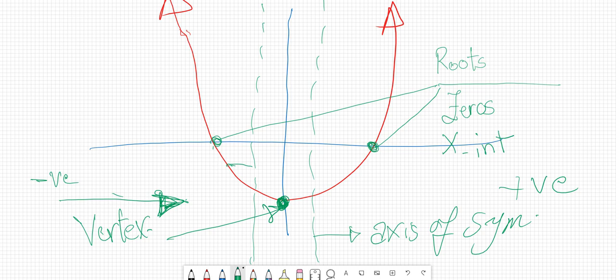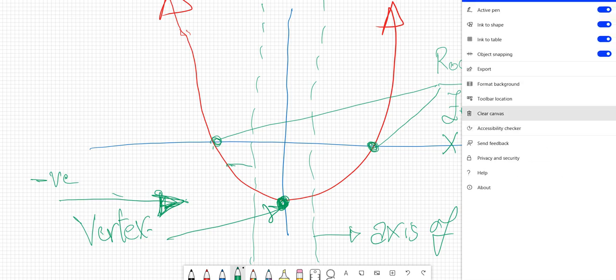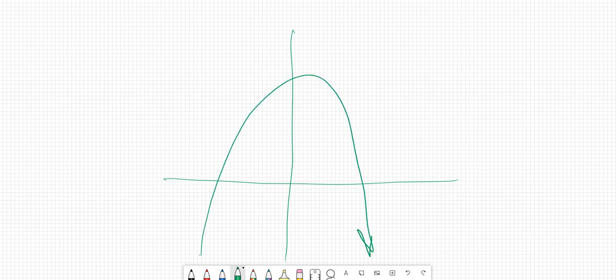So if we already have another graph for a function where the coefficient of x squared is negative, it will open down.